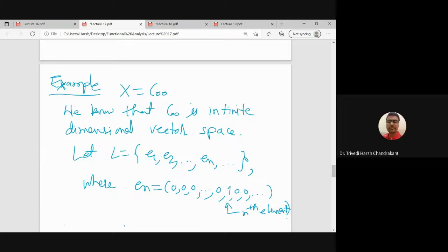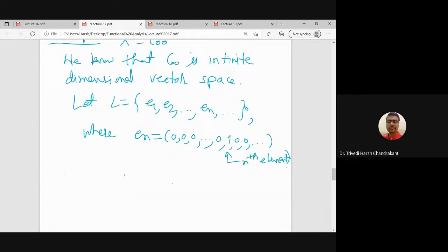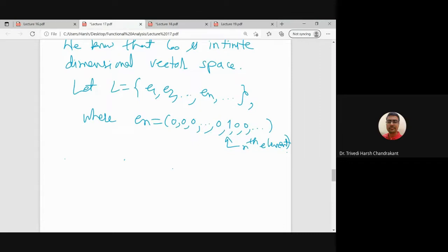Now, what will be the linear combination of elements of L? Basically, here we are taking a finite linear combination, right?